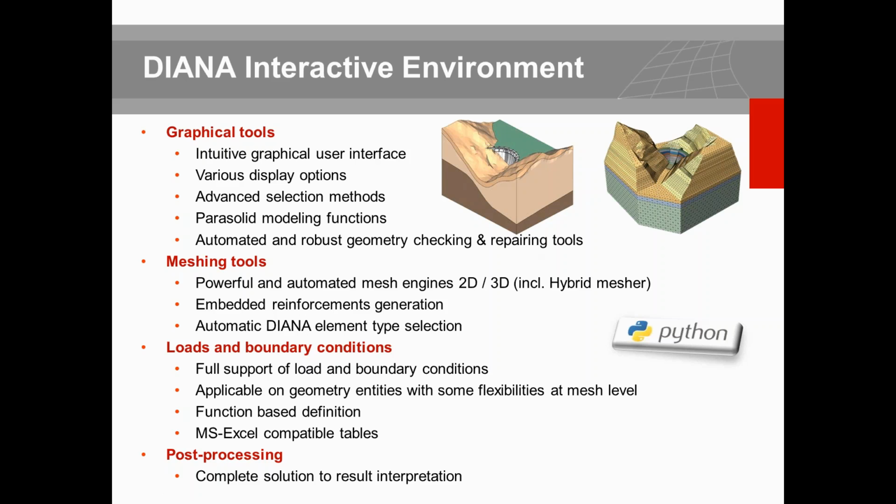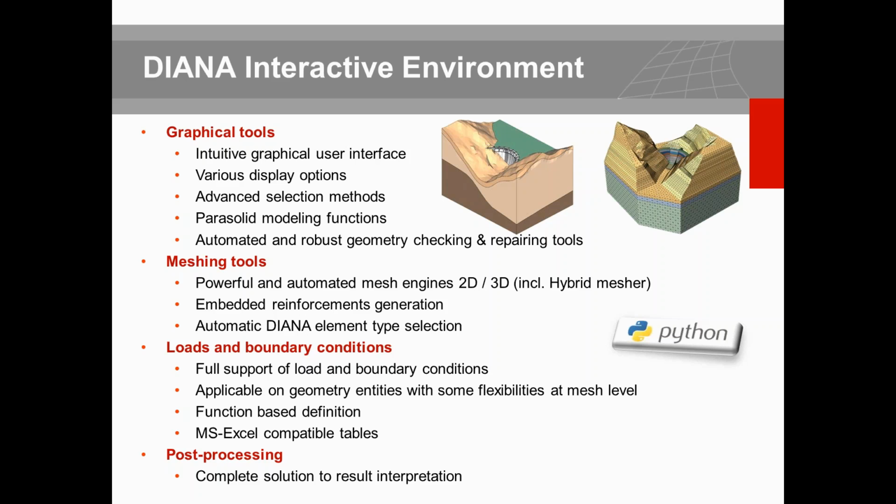From the meshing point of view, we have adopted one of the latest technologies, including a hybrid mesher to generate hexahedron and pentahedron and even tetrahedron elements for the model. But this hybrid mesher is a dominant hexahedron mesher.